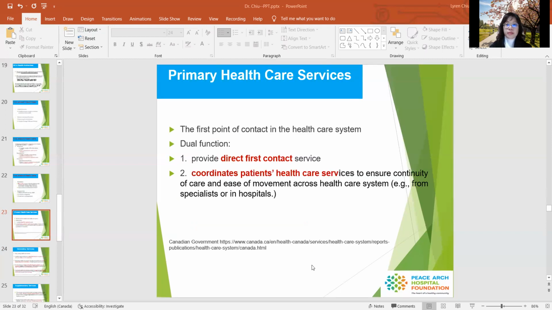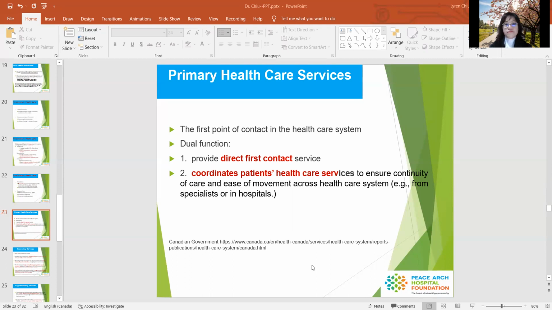Now, the Canadian healthcare system is based on primary healthcare services. That is the first point of contact in the healthcare system. They have 2 functions. The first function is they provide direct first contact service. So you have a flu, and you come to the doctor and they do some review.